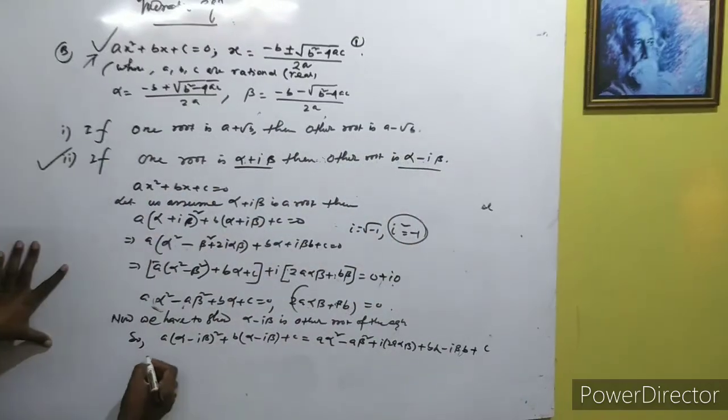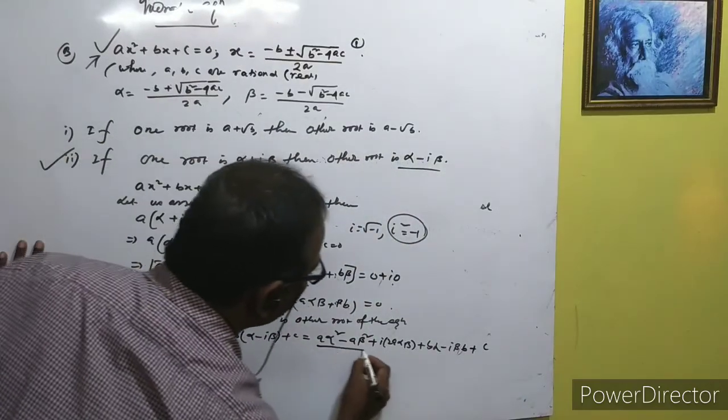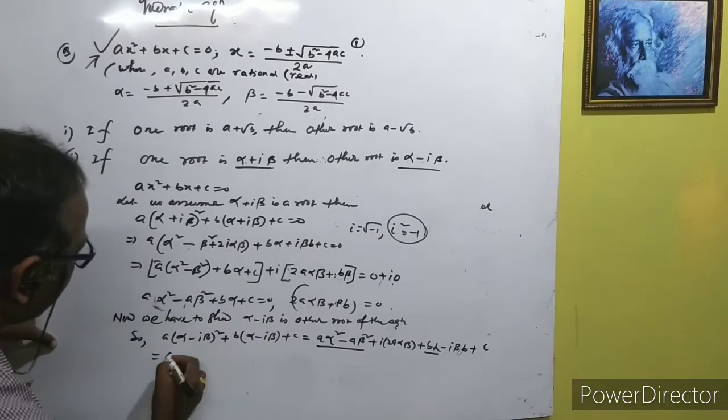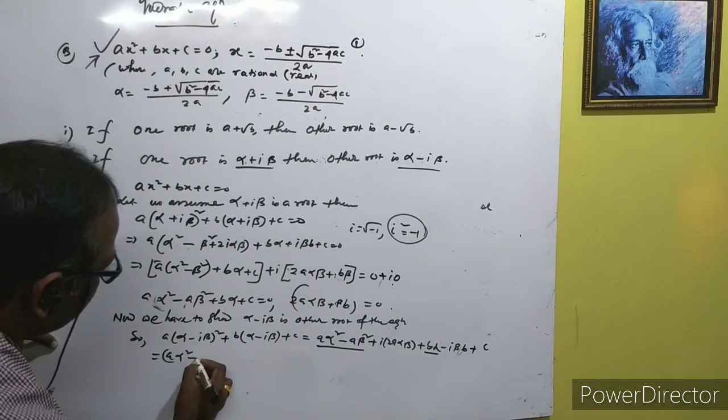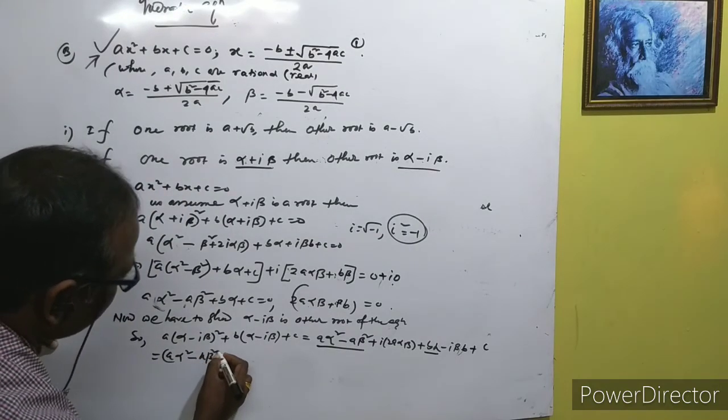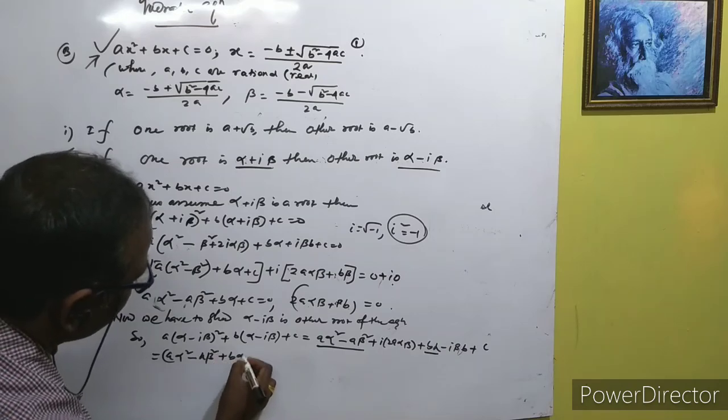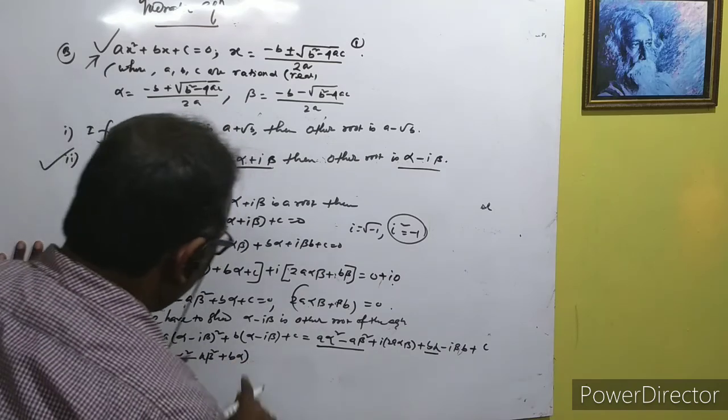Taking the real part: a alpha square minus a beta square plus b alpha plus c.